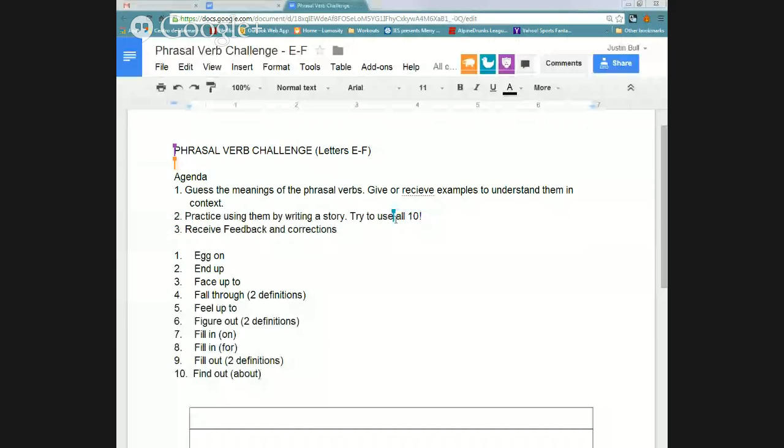All right, I'll get it on my screen and then I'll show you what you guys should be seeing here. It should look like this. And we should be able to edit it, which is going to be the best part. So instead of using the chat, we'll actually use this document.